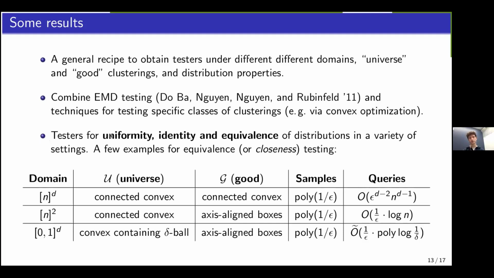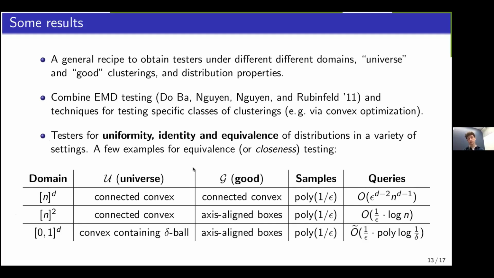We give testers for properties of uniformity, identity, and equivalence or closeness of distributions in a variety of the settings that I've just mentioned. And here, let me just tell you a few examples for equivalence testing that will tell you the flavor of the results that we give. So here in this first example, my domain is the discrete hypergrid in D dimensions, where D is a constant.